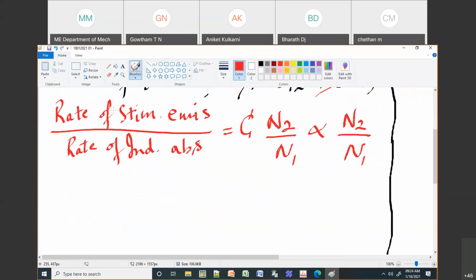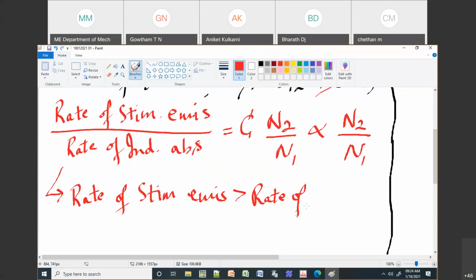Now, when can I have more stimulated emission? I want the rate of stimulated emission to be greater than the rate of induced absorption. When is this possible? I have written that this is directly proportional to N2 by N1.